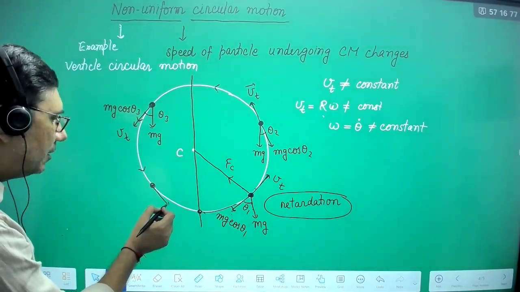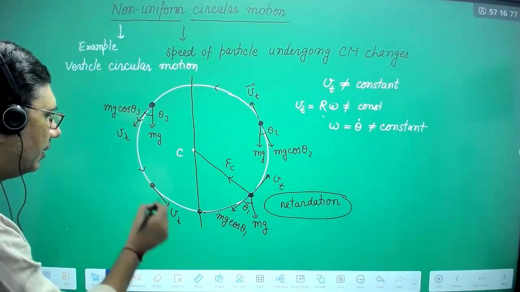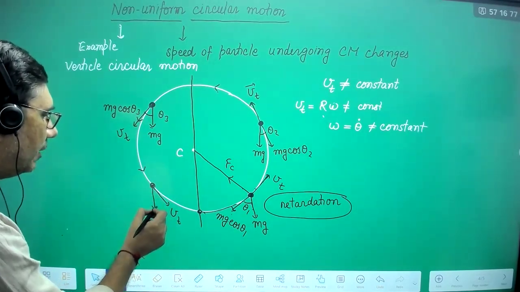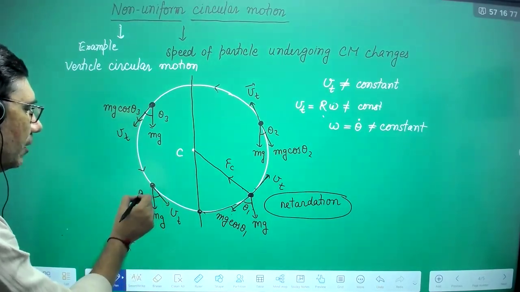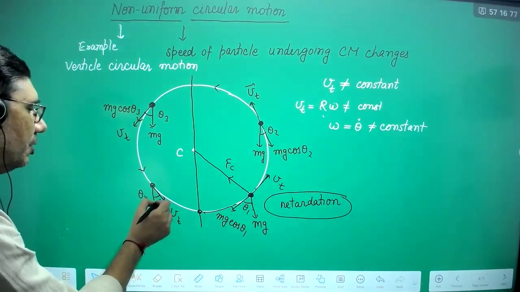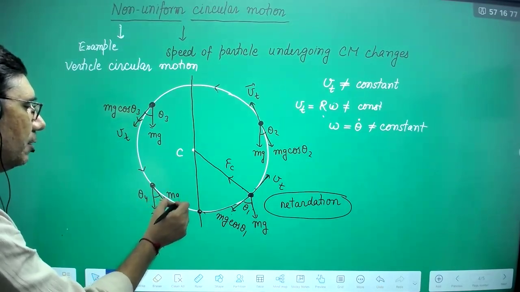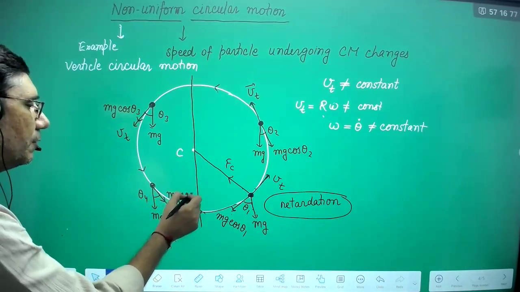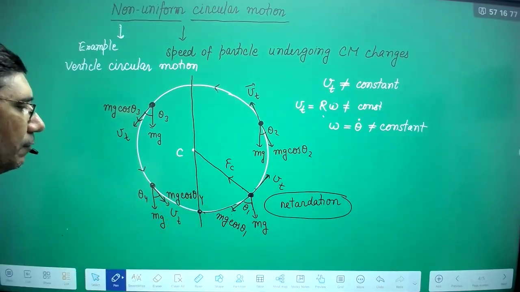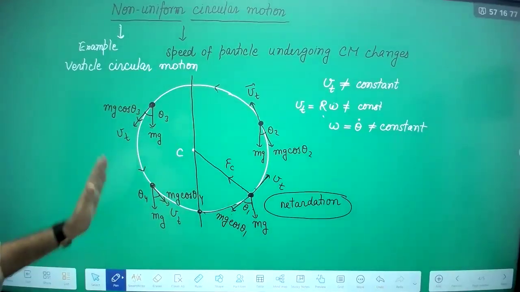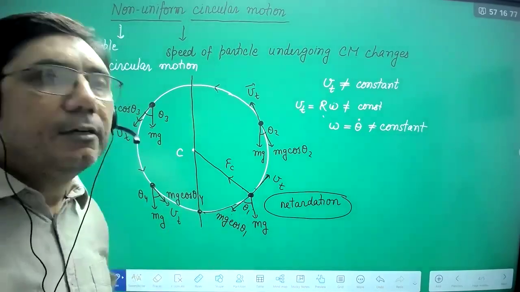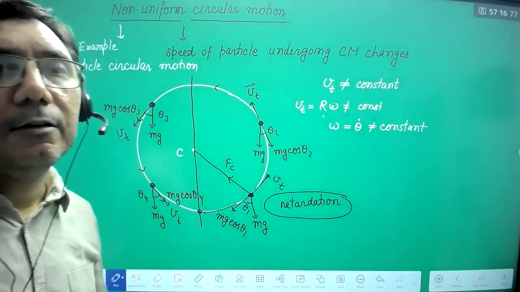Suppose this is the Vt. Weight will be in the downward direction, mg. So this angle is θ4 again. A component will be here, that will be mg cos θ4. So in this second half, in this half circle path, a component of the weight is acting parallel to the velocity.